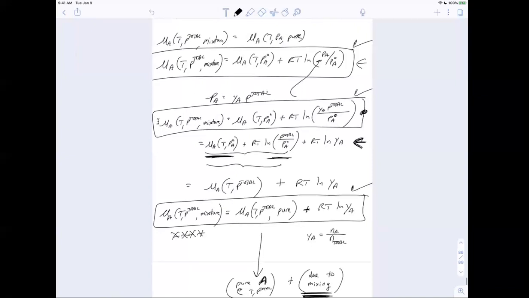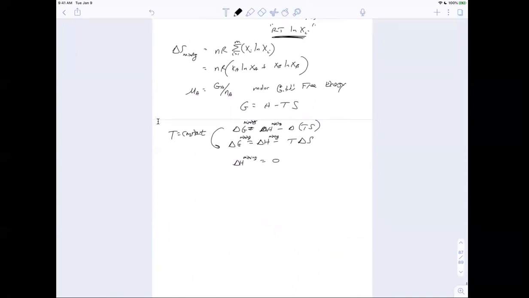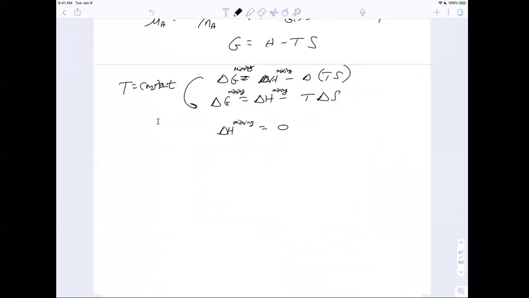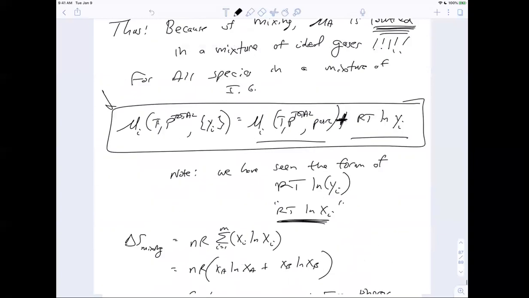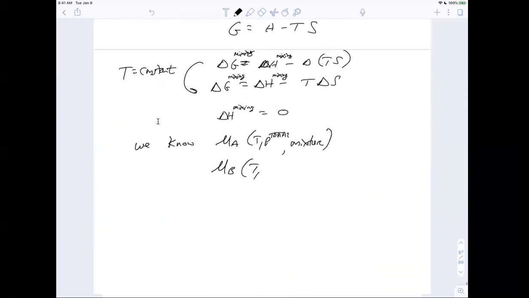Okay. Final note. We know mu sub A in the mixture. We know mu sub B now in very general terms because in all of these equations, we could just replace A by B. So we have T, P total, mixture.